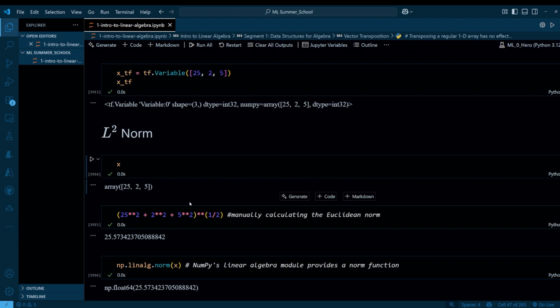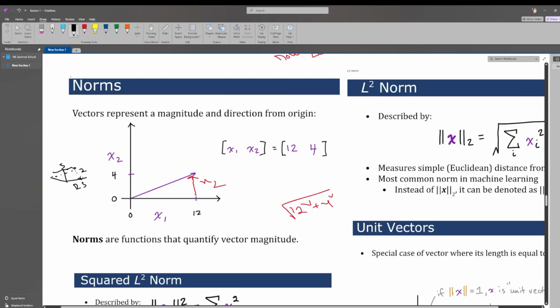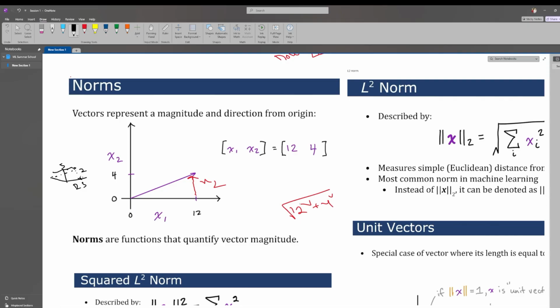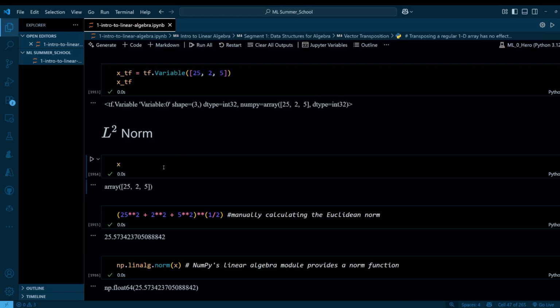In 2D, when we had 2 dimensions, we squared the values, added them, and took the square root. If we have more dimensions, we can do exactly the same. So the L2 norm is: first take all the squares, then take the root.